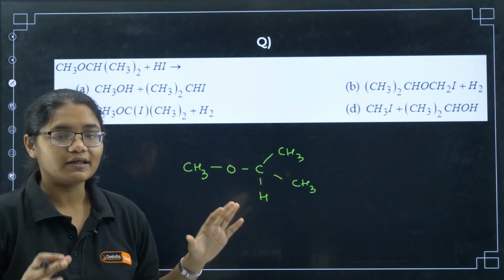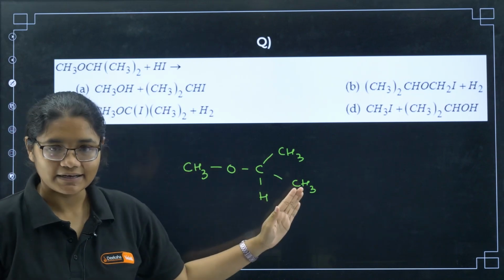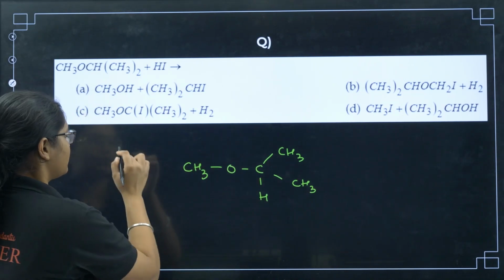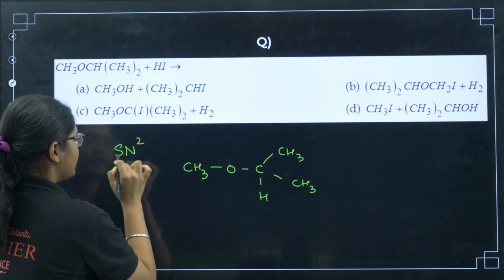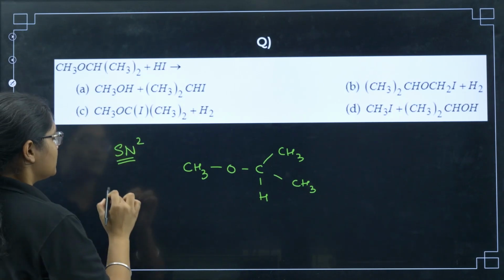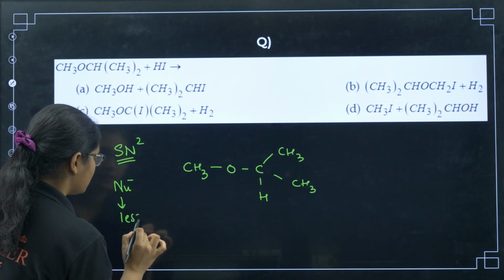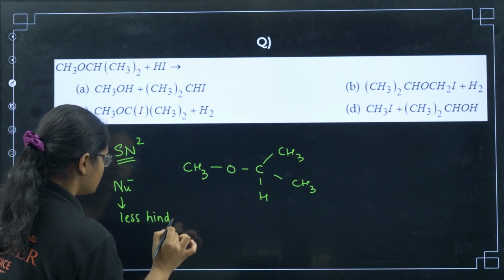secondary group. So whenever I have one primary, one secondary, or both primaries or secondaries, the mechanism followed is SN2 mechanism. In SN2 mechanism, what happens? The nucleophile will attack on the less hindered site.